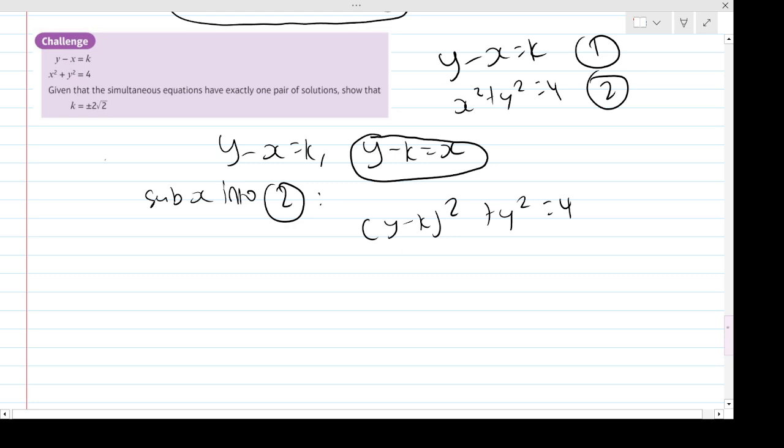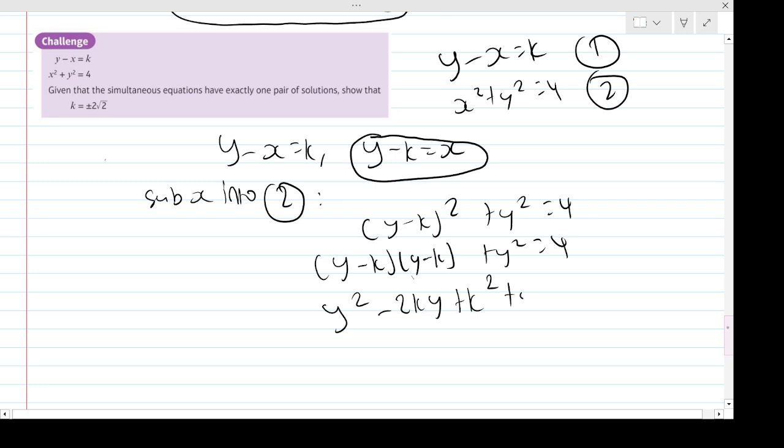So let's expand this. So y minus k squared, remember, it's y minus k, y minus k. You times by itself plus y squared is equal to 4. I can expand this bracket to get y squared minus ky minus another ky, so minus 2ky, then minus k times minus k is positive k squared, because the negatives get a positive, right, if you times them.